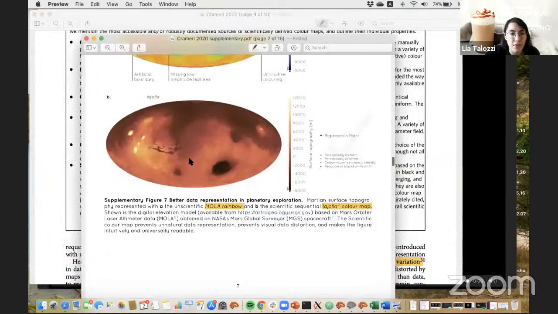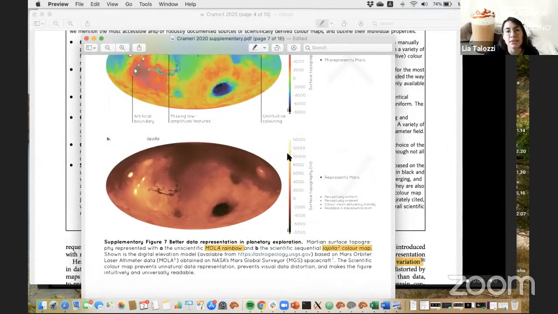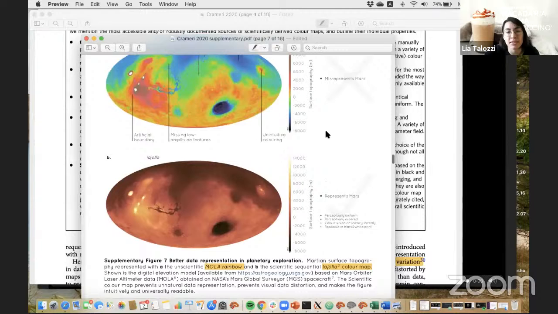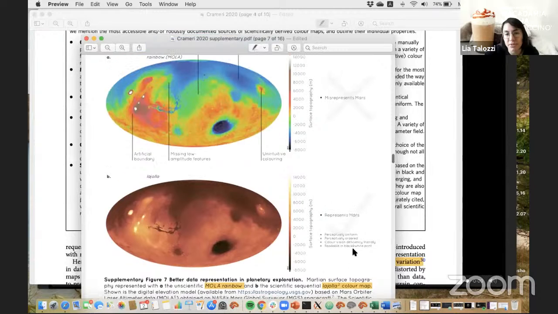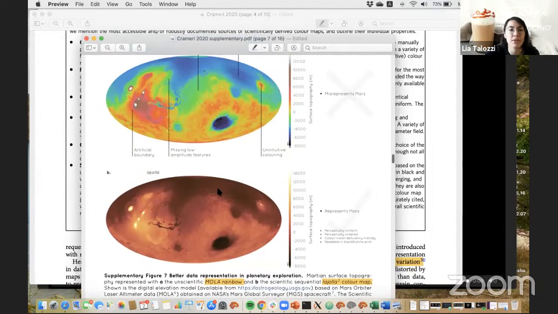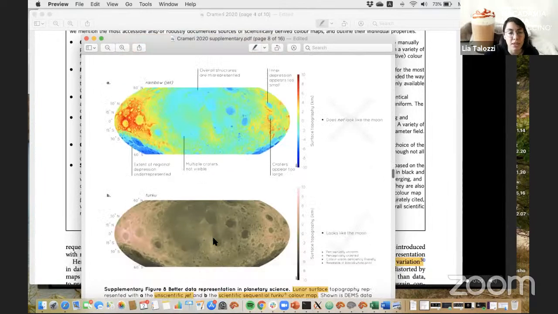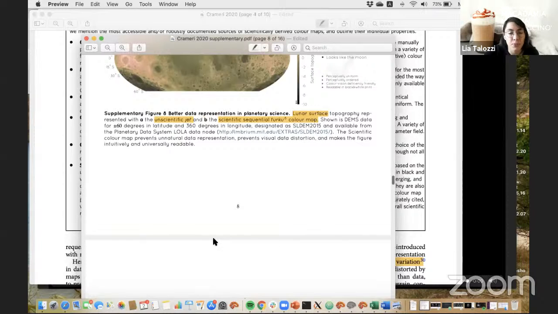Here you have another kind of rainbow, the molar rainbow, and you can see it does not have these properties, and how you can represent the same image with a good color map. There are plenty of examples here.